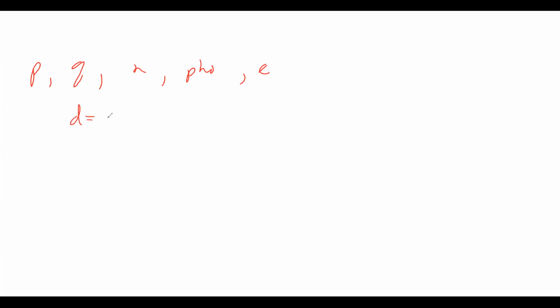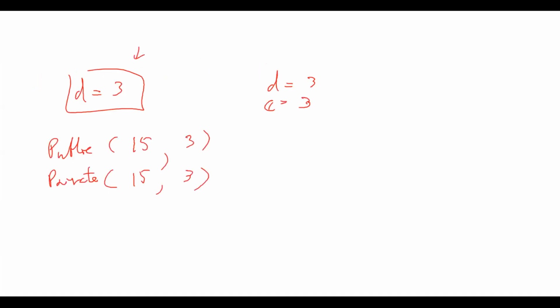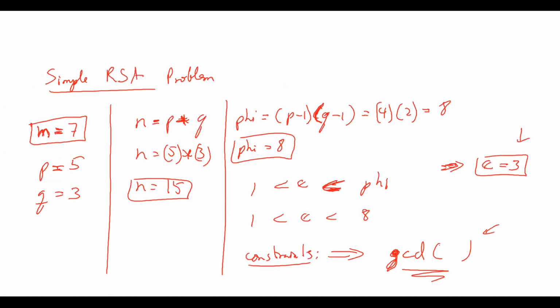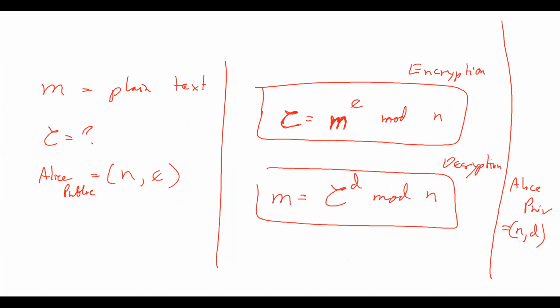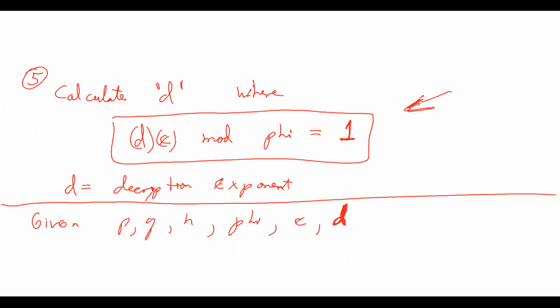So we need D. Again, you can go back to the algorithm. We said that for D, we can calculate it by figuring out this equation.